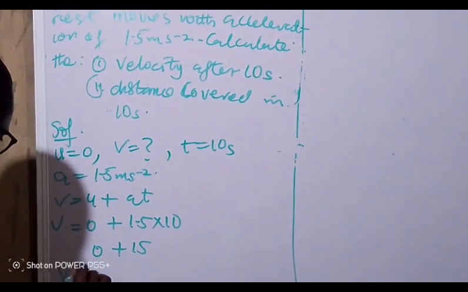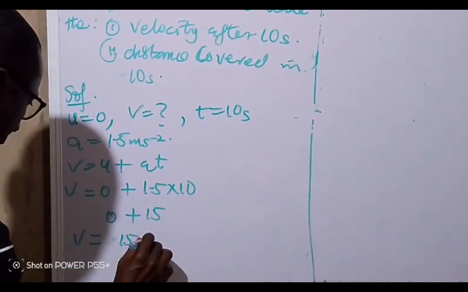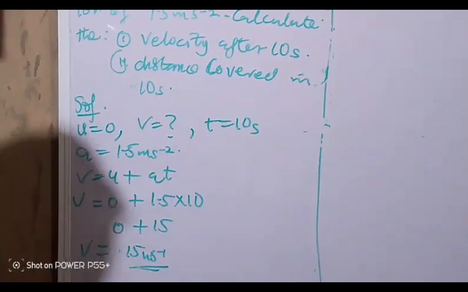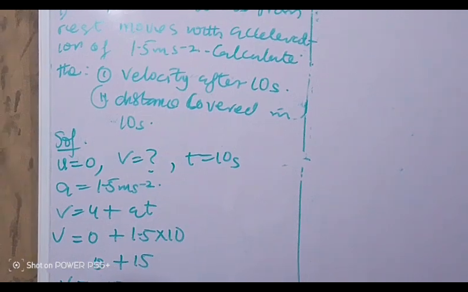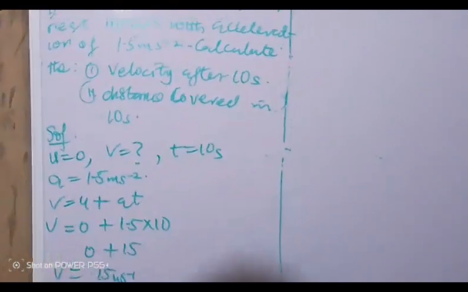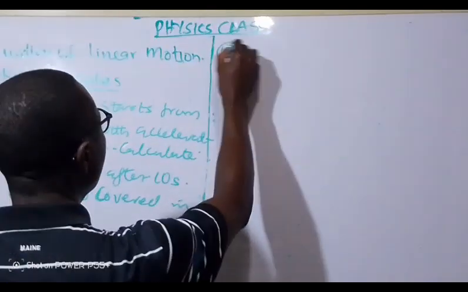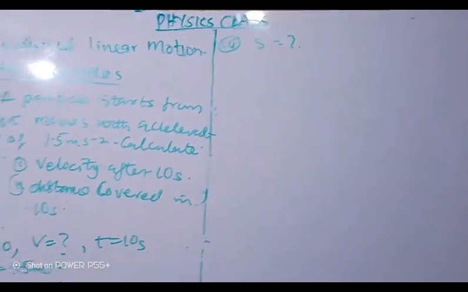So V after 10 seconds will be equal to 15 meter per second. The second question, distance covered in 10 seconds. Having all these parameters, we need distance for the question 2. S is unknown. All this one have been known.